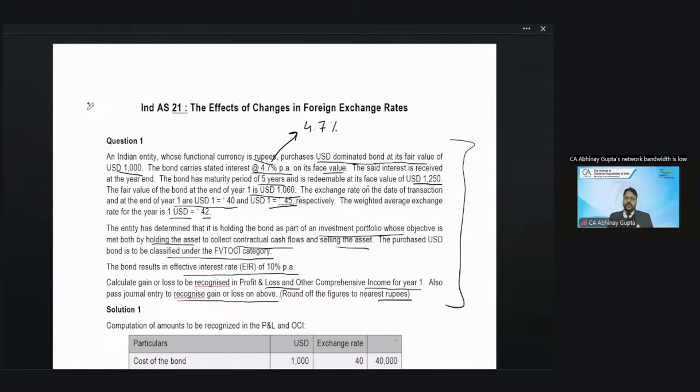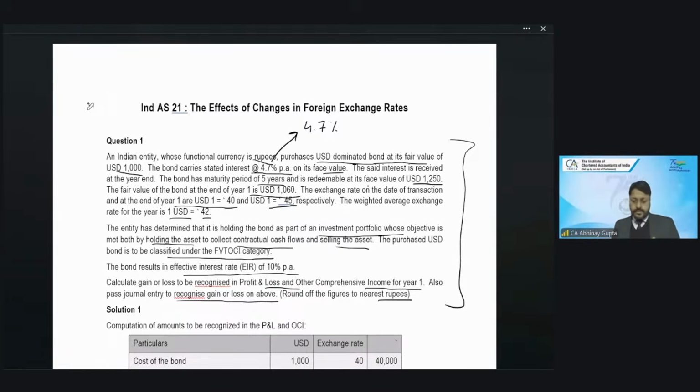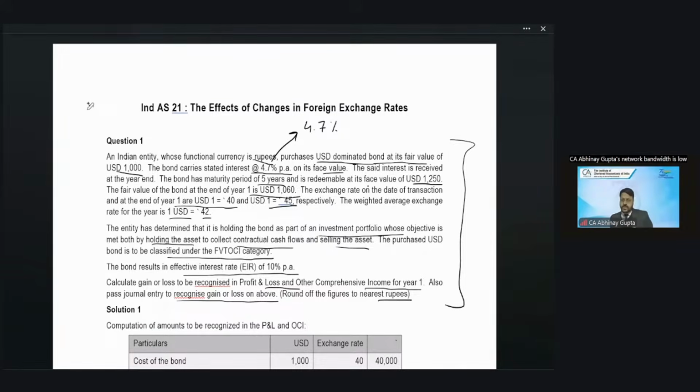Now, would you like to try this once? I can wait for a few minutes if you want to give it a try. You need to come up with the journal entries, how you would be recognizing the fair value gain or loss on this bond in the books of accounts.